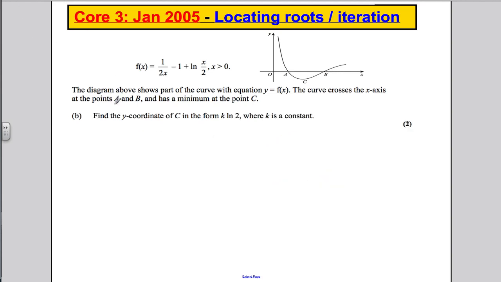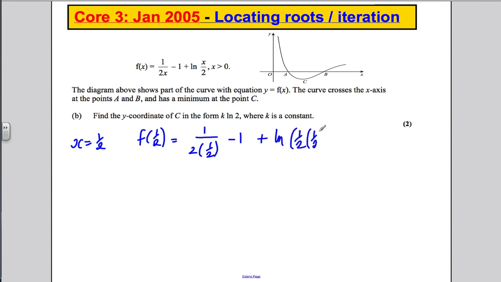Part B, find the y coordinate of C in the form k ln 2. Well, you know that x is equal to a half, so you want to work out f of a half, which is 1 over 2 multiplied by a half, subtract 1 plus ln of a half times a half.